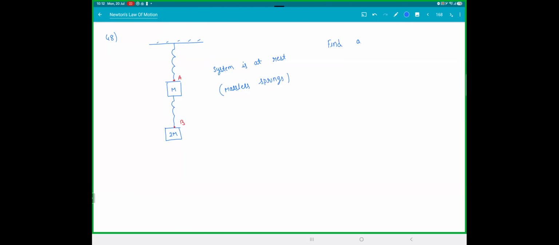Find acceleration of the blocks just after cutting. Case 1, you're cutting at A. Case 2, you're cutting at B. Two different questions. Think how will you do this thing. Take a minute, then I'll show you some steps and then we'll see more.